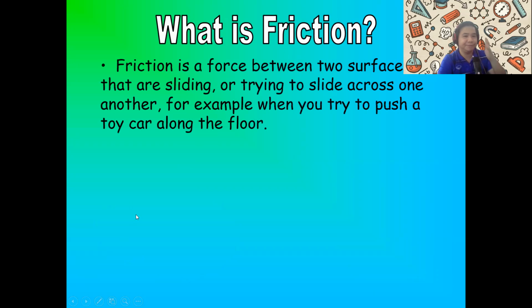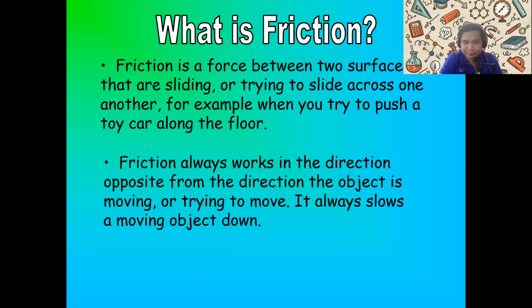What is friction? Friction is a force between two surfaces that are sliding or trying to slide across one another. For example, when you try to push a toy car along the floor, the car is touching the ground, and the ground and the car's wheels will have friction. Friction always works in the direction opposite from the direction the object is moving or trying to move.